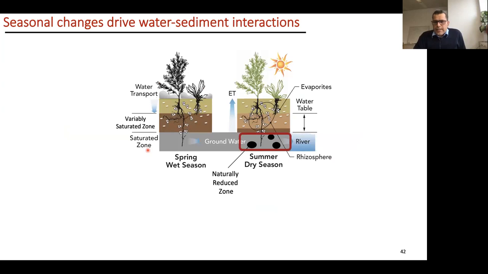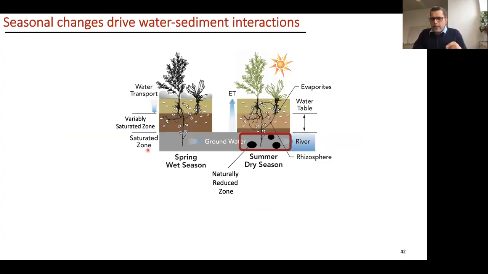What we were interested in here is that during this water table rise, what we saw is that there are some of these organic rich clay clumps, what we named, to make it easy, naturally reduced zones. They are small lenses of a few centimeters, sometimes bigger or even smaller.